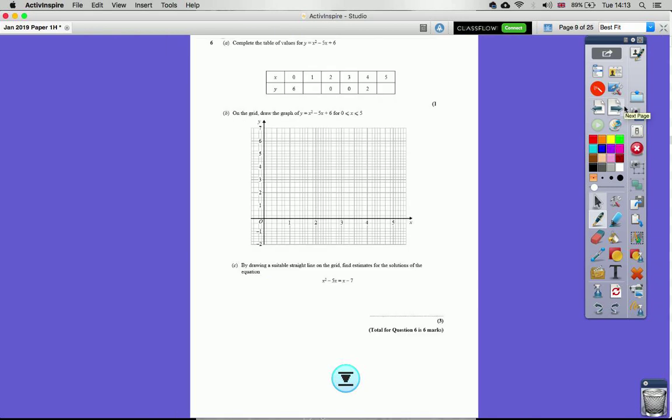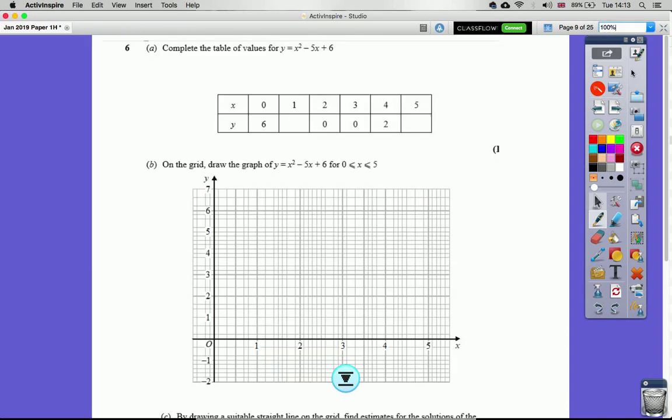Question number 6. Complete the table of values for x squared minus 5x plus 6. So first we need to fill in these two missing values. If I take x equal to 1, I get 1 squared minus 5 times 1 plus 6, which is 1 minus 5 plus 6, and that gives you 2.